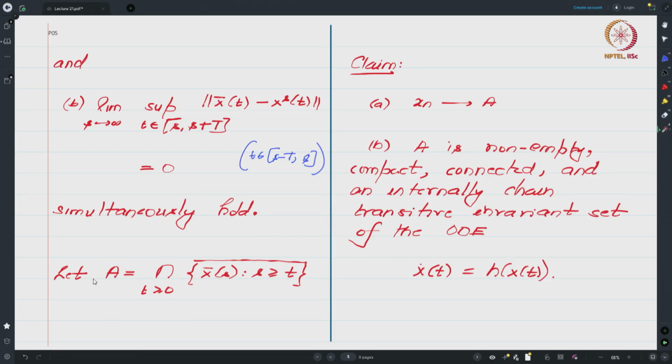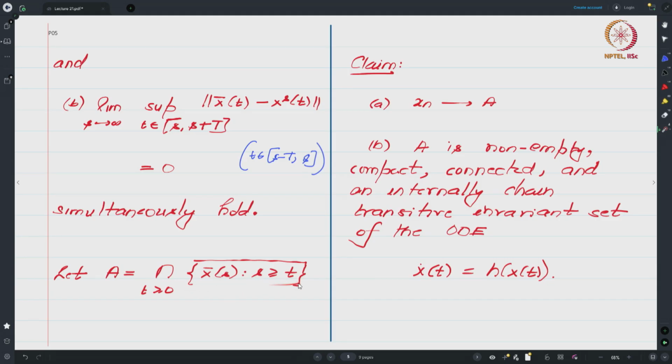So, now what we are going to do is define a set A, right, and we are going to define this set A to be the following. So, let us understand what this definition is. So, x bar of s, recall this is the linear interpolation and the value of this linear interpolation at time s. So, we are going to collect the value of your linear interpolation for all s bigger than equal to t for some fixed t.